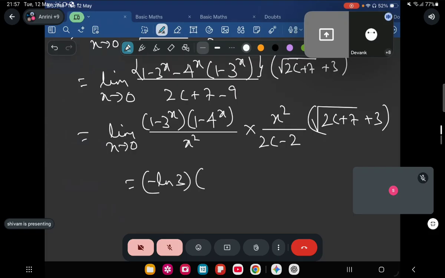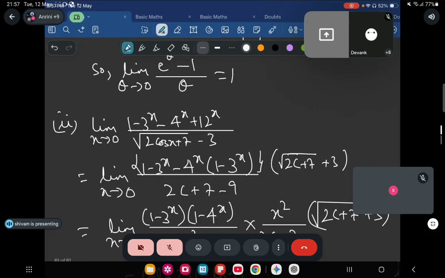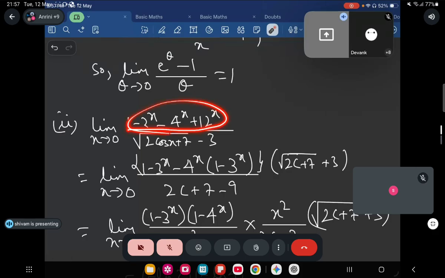Sir, can you please explain from the beginning once more? Okay, pay attention. So Devank, over here this numerator can be factorized. If you take minus 4 to the power x common, you'll get 1 minus 3 to the power x into 1 minus 4 to the power x, right?